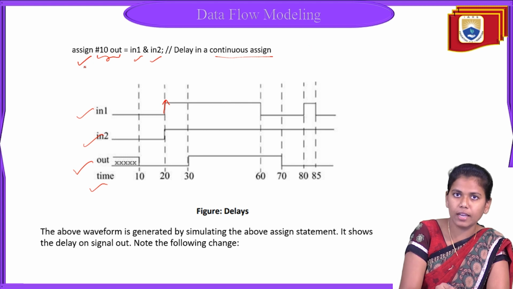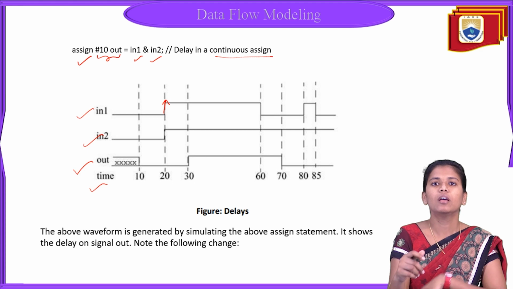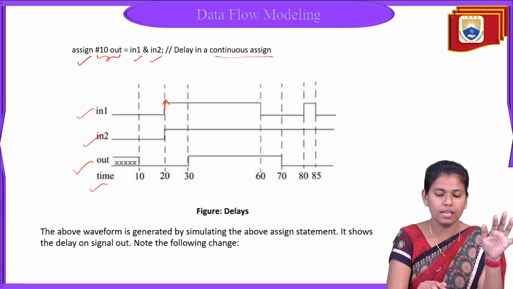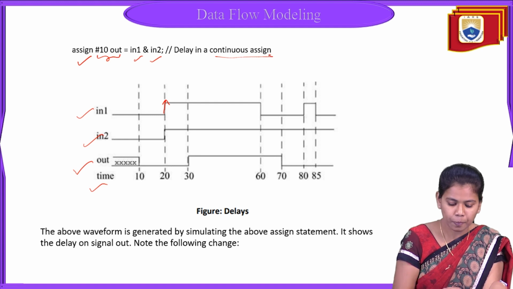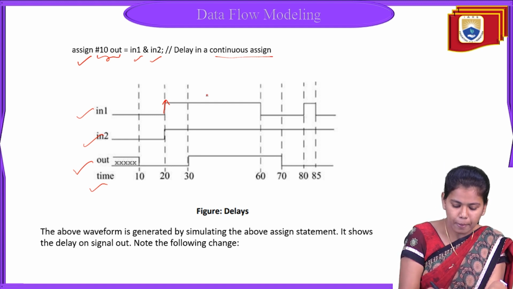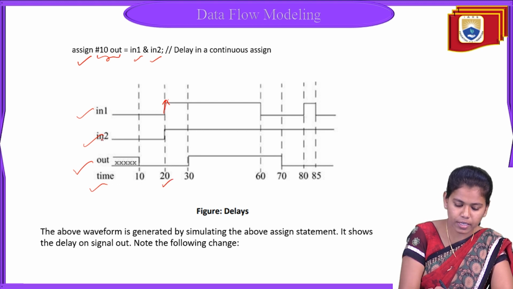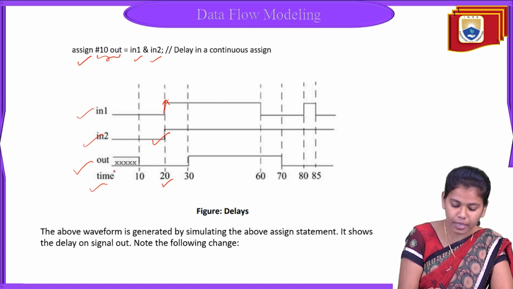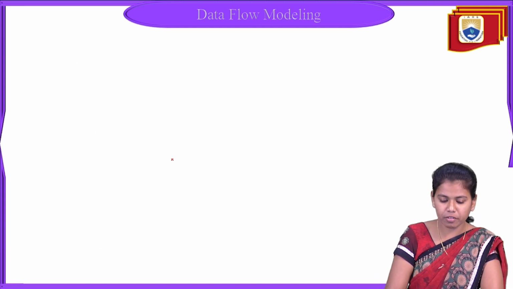Here the word assign makes it a continuous assignment statement, so this is nothing but delay in continuous assign. It says that both inputs are at 20 nanoseconds, and the output time indicates my output is going at 30 nanoseconds, isn't it? This is what we have observed here.